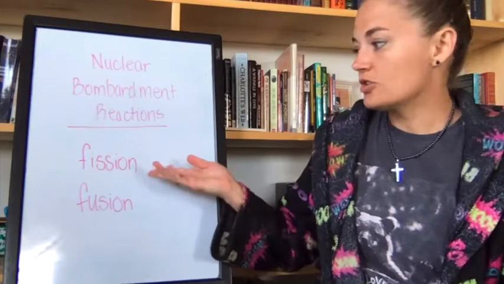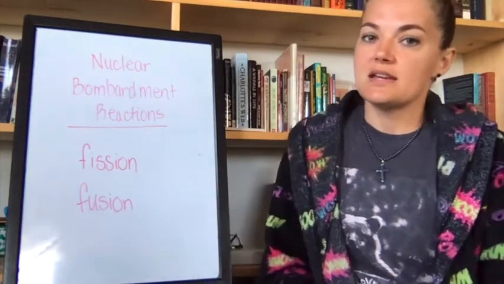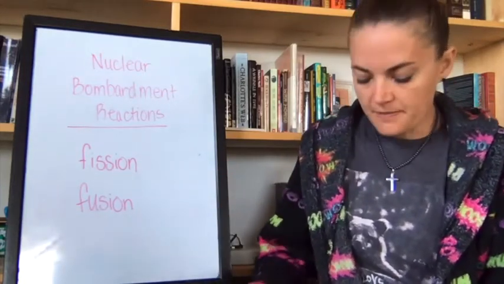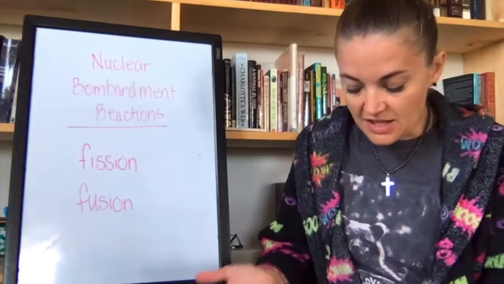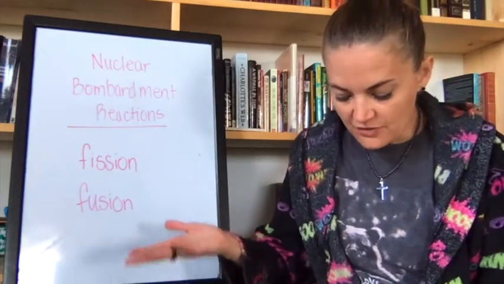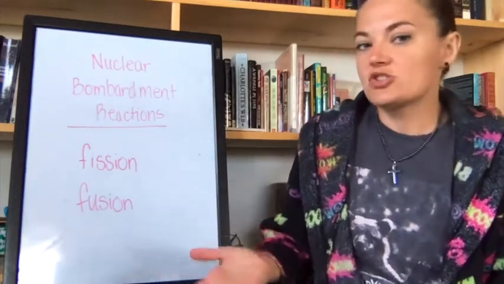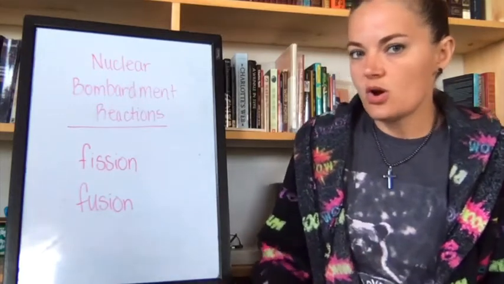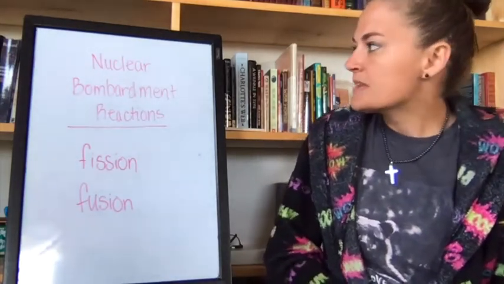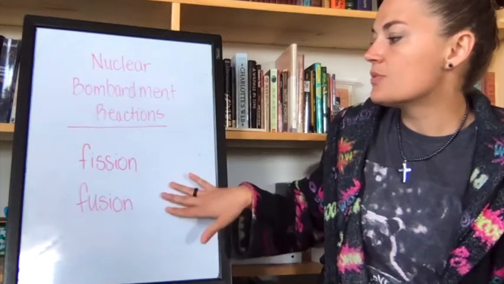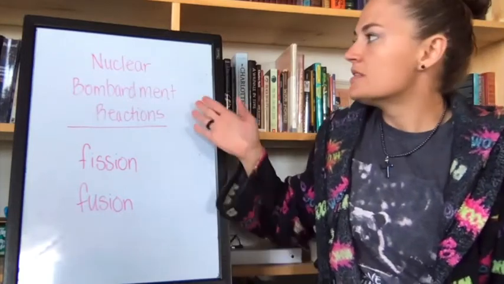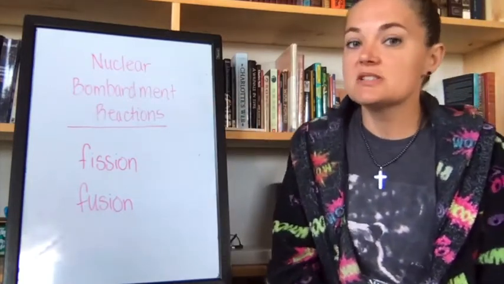It's actually stronger than fission, and it can also be used. Your book states that suns and stars get their energy from fusion reactions. So you can see that it's a very strong energy release. So that is the basics of these nuclear bombardment reactions and what you need to know.